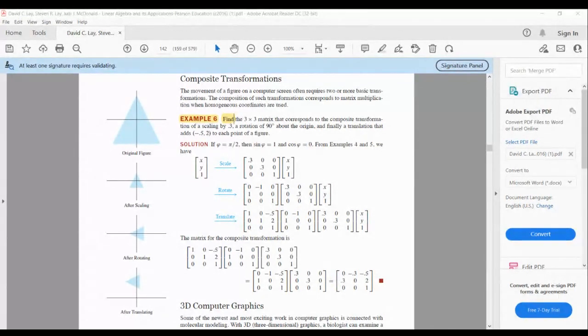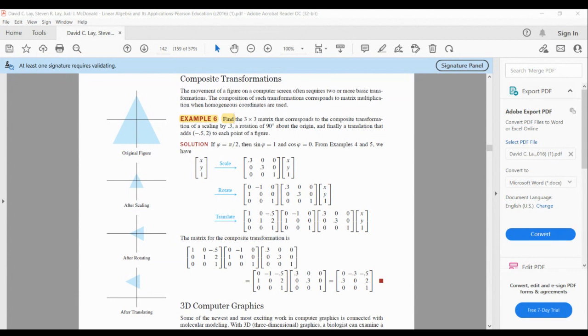Okay, and then finally, Mikhail, in the last picture, after translating, does the figure move to the left or to the right?